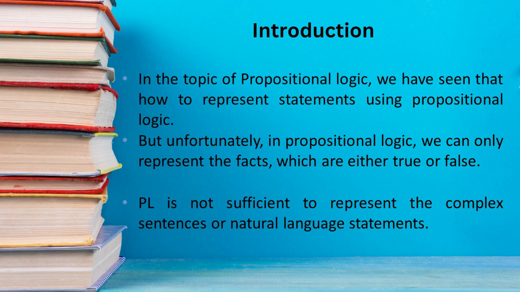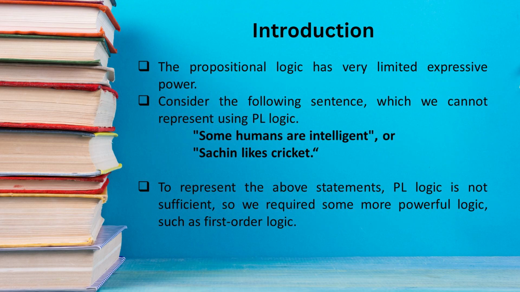For example, there are sentences that cannot be adequately represented within its confines: some humans are intelligent, or Sachin likes cricket. To capture such statements, the limitations of propositional logic become evident.